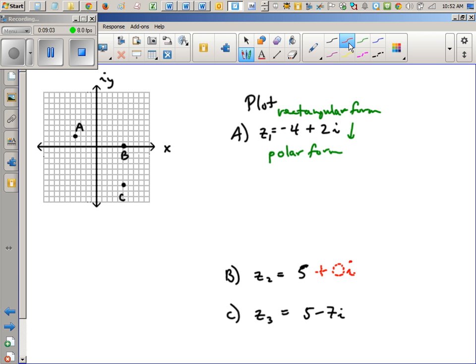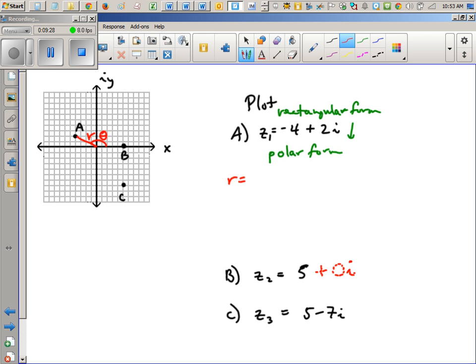You're going to need to know the r. R, of course, means the distance to the origin. And you're going to need to know the theta, which, of course, is the angle measured in standard position. Same old, same old. And we have formulas for this.